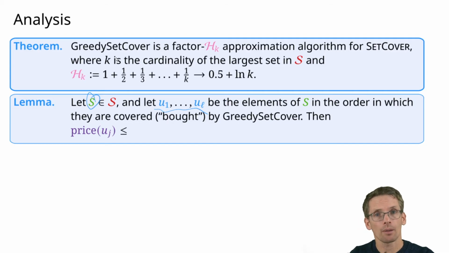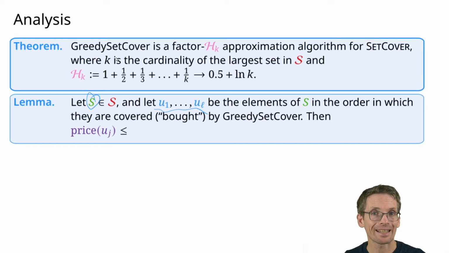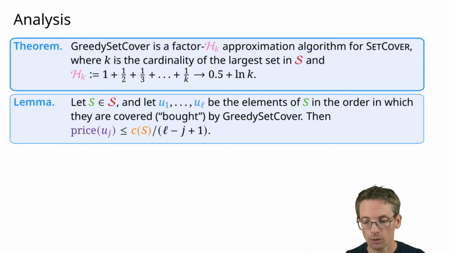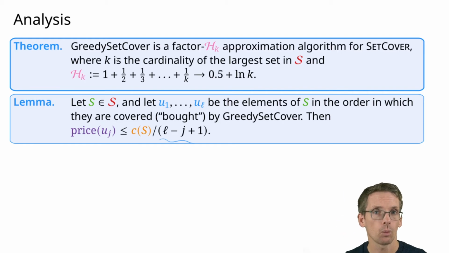And of course, some of these might be picked at the same time, then it doesn't matter how we order them. But we can now argue that the price of the jth element is bounded by cost of the set S divided by L minus j plus 1.